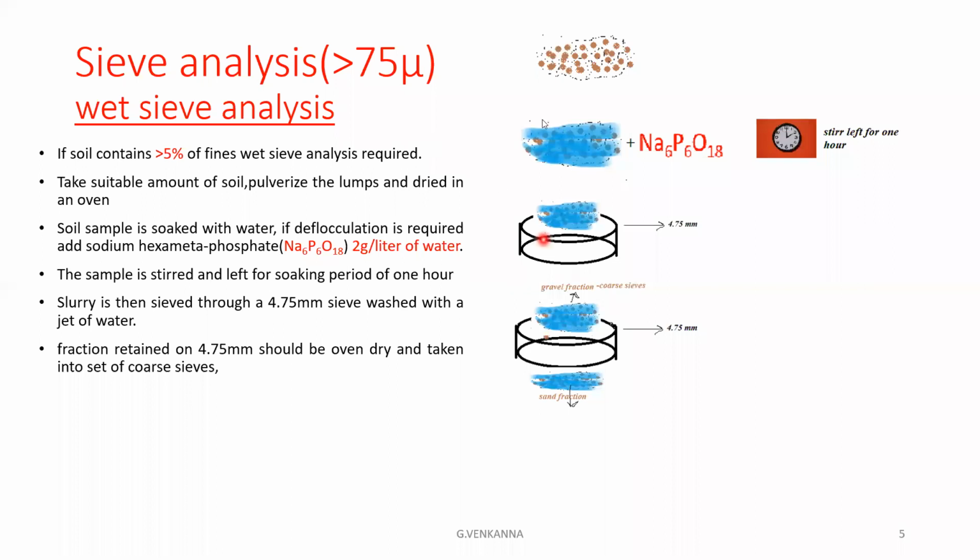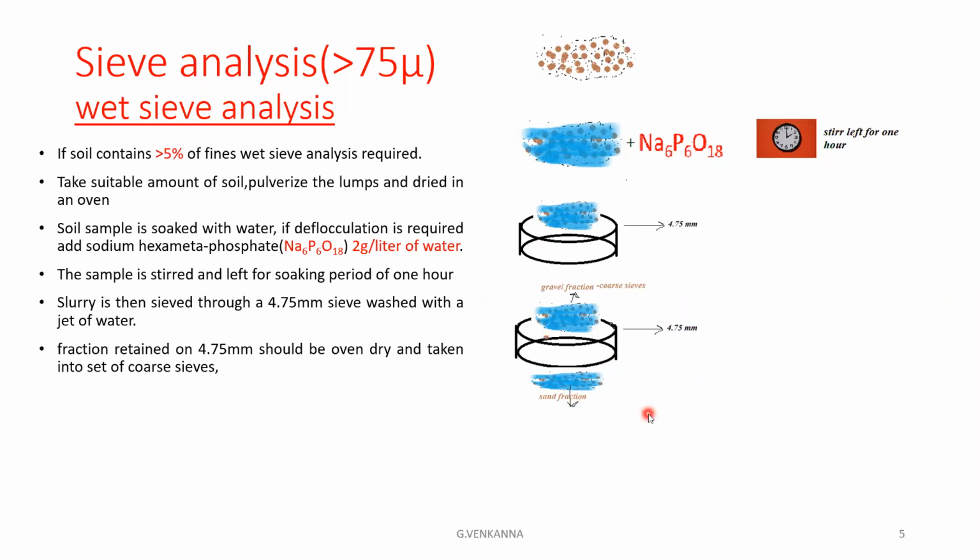If the soil contains more than 5% clay or fines, we add water and sodium hexametaphosphate, stir the mixture, and leave it for 1 hour. After 1 hour, the sample is sieved through the 4.75 mm sieve. The soil retained on the 4.75 mm sieve is taken as the gravel fraction and goes to a coarse sieve. The soil passing through the 4.75 mm sieve is the sand fraction.